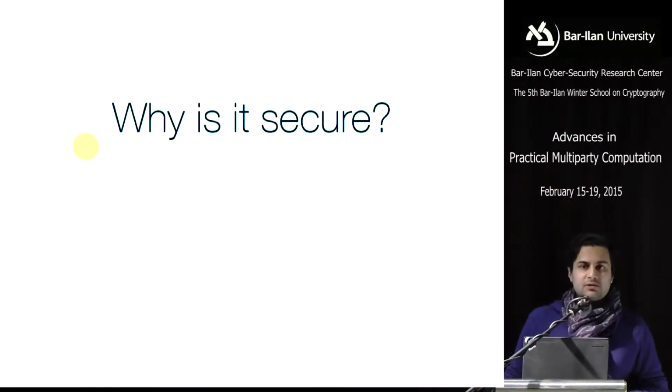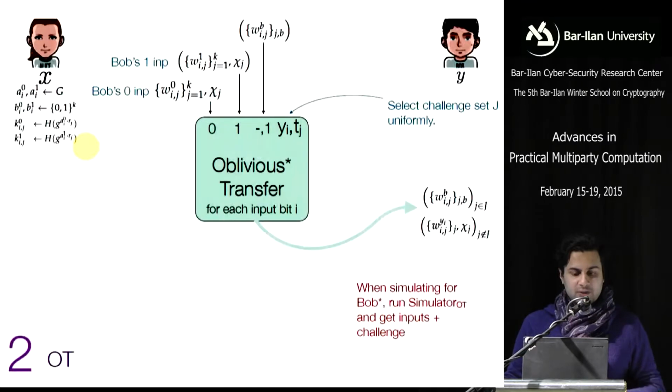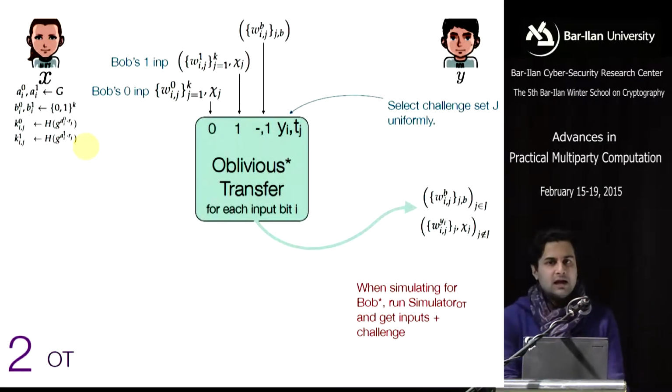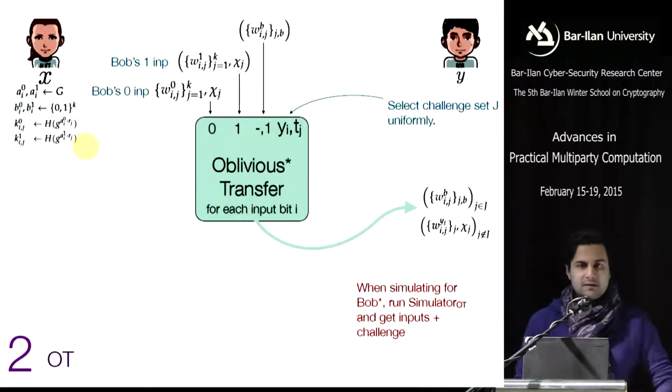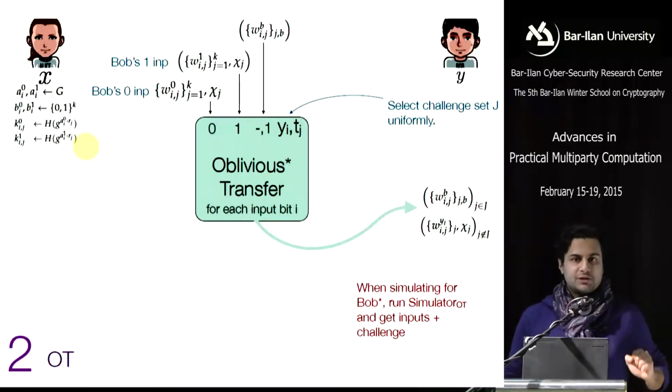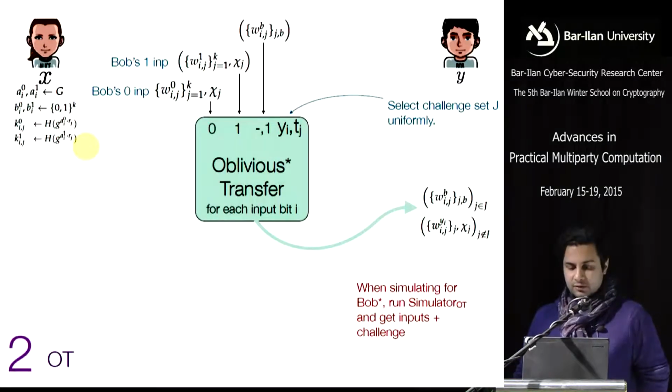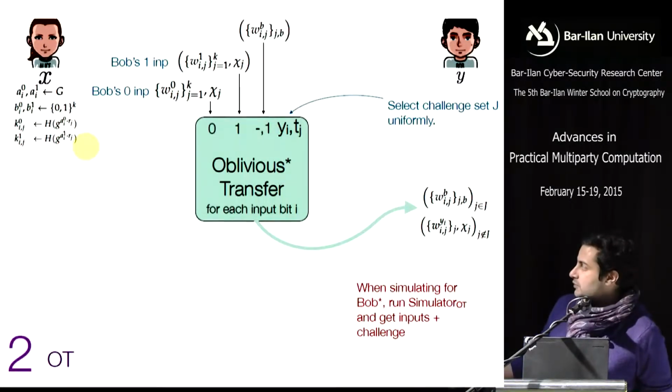I would like to try to give one idea for why the hybrids for this protocol actually work, and I think one of the key insights into this strategy for designing protocols that are maliciously secure is this use of this OT.